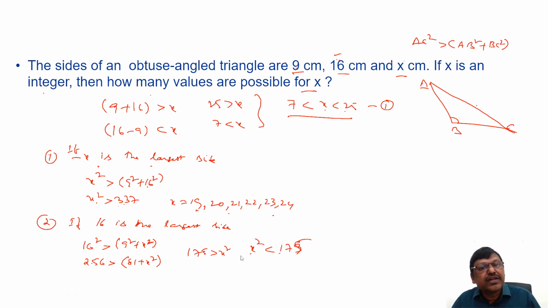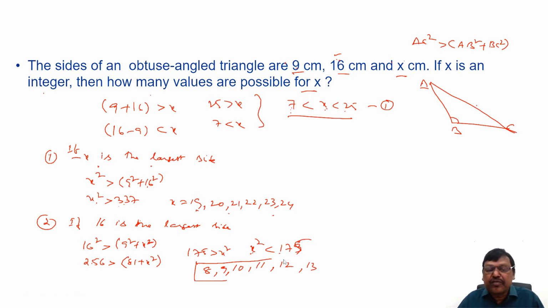Now, what is the maximum value of x? Can x be 14? 14 square is 196, more, not possible. 13, yes, it's possible, 13 square is less. Can I take 12? Yes. 11, yes. 10, yes. 9, 8, okay. But you can't take 7 because x has to be more than 7. So the possible values are 8 to 13. Here the possible values are 9 to 24.